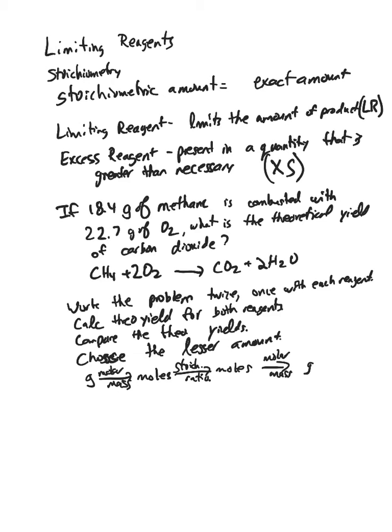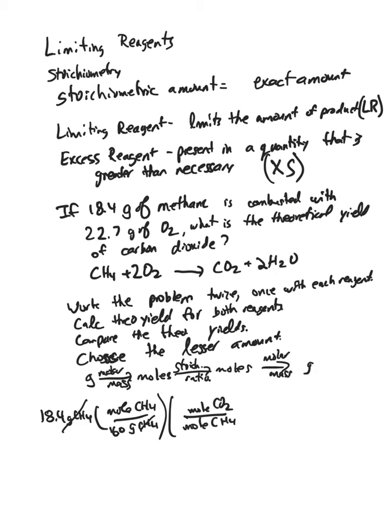So let's take our 18.4 grams of methane, convert grams methane to moles methane. It's 16.0 grams per mole. So grams methane cancels. That gives us moles methane that we want to convert to moles carbon dioxide. Our stoichiometry just happens to be 1:1, but we want to include that step anyway.